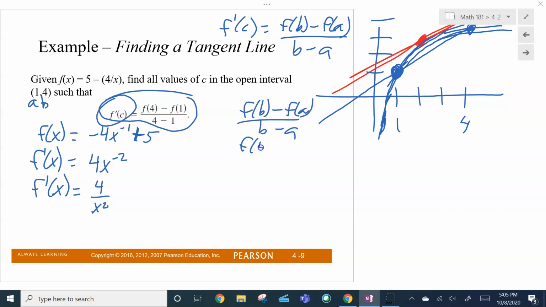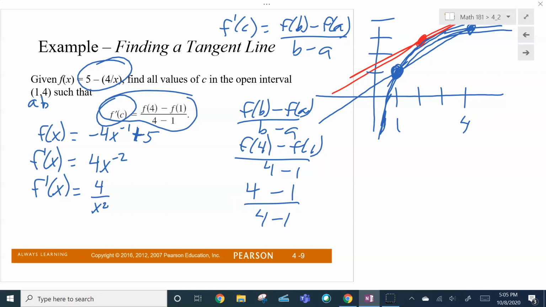In other words, f of 4 minus f of 1 all over 4 minus 1. Well, when I plug 4 into the original function, I get 4. Sorry about that. When I plug 1 in, I get 1. Okay.